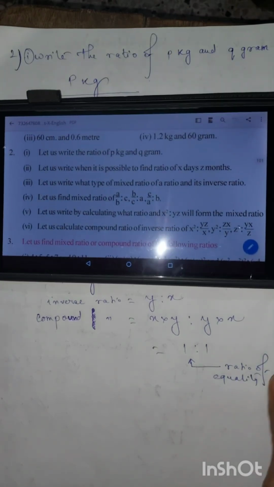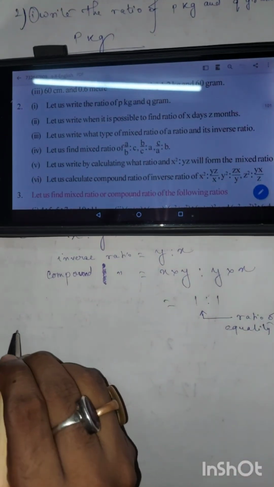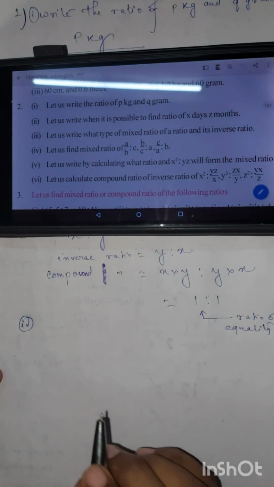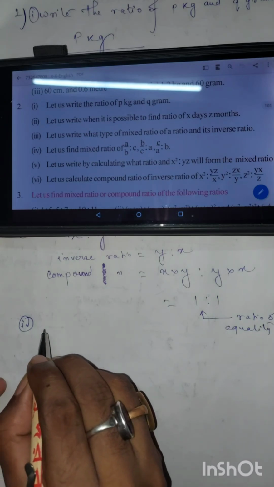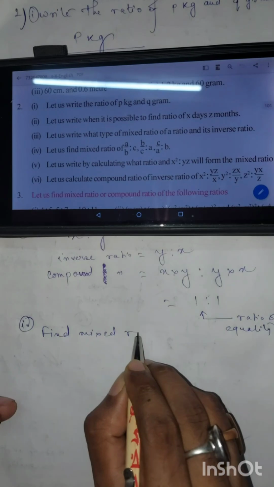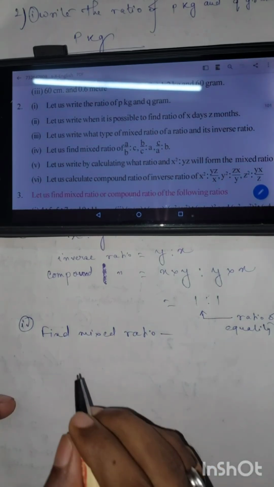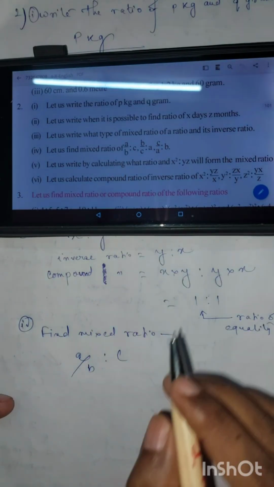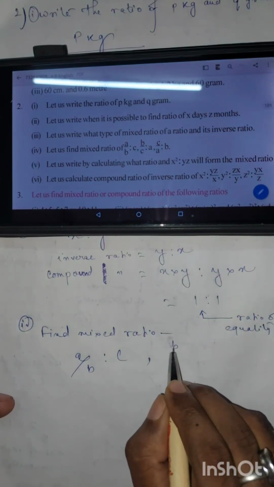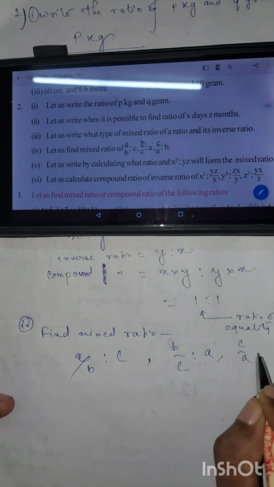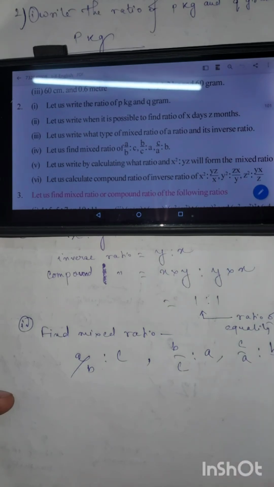Now 4. Question number 4 says, let us find the mixed ratio of A by B is to C, comma B by C is to A, C by A is to B. So we need to find out the mixed ratio.